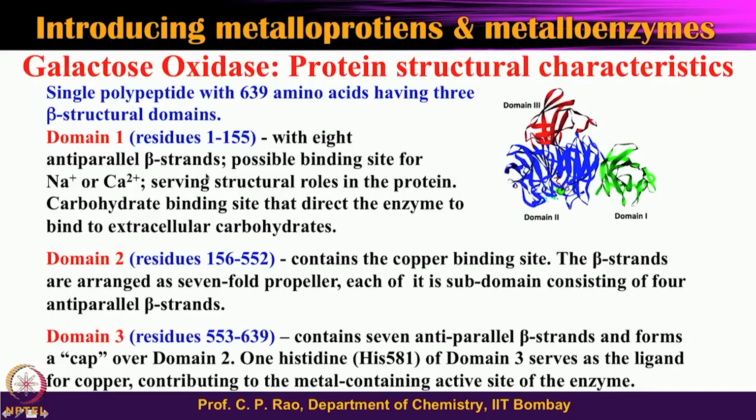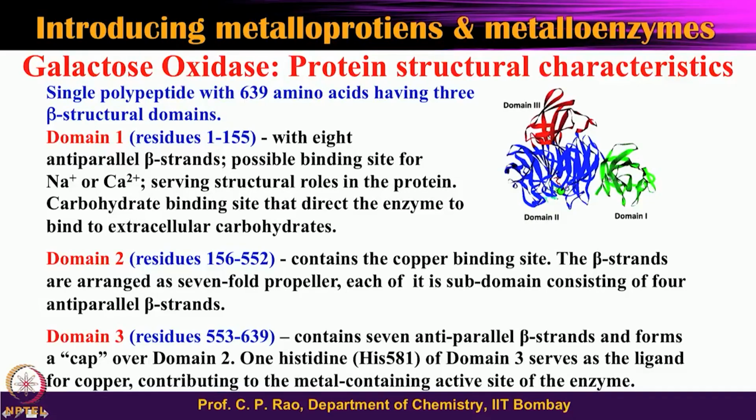And as I can show you in the next one, let us look at the protein structural features for a while. This is a huge protein having 639 amino acids, and it has 3 domains. You can see the green domain, the blue domain, and the red domain.